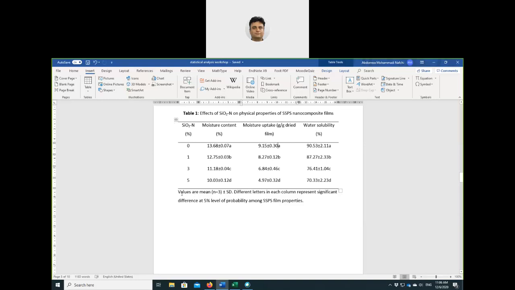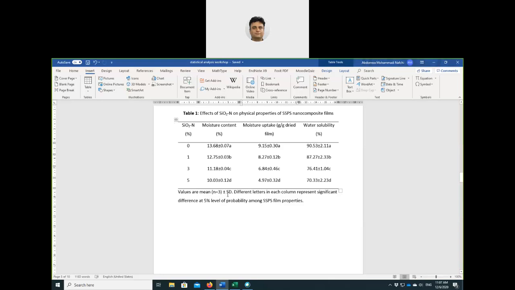If you report a table, you must clearly write what the value you reported is: mean, mode, median, number of replication, and which type of variability.